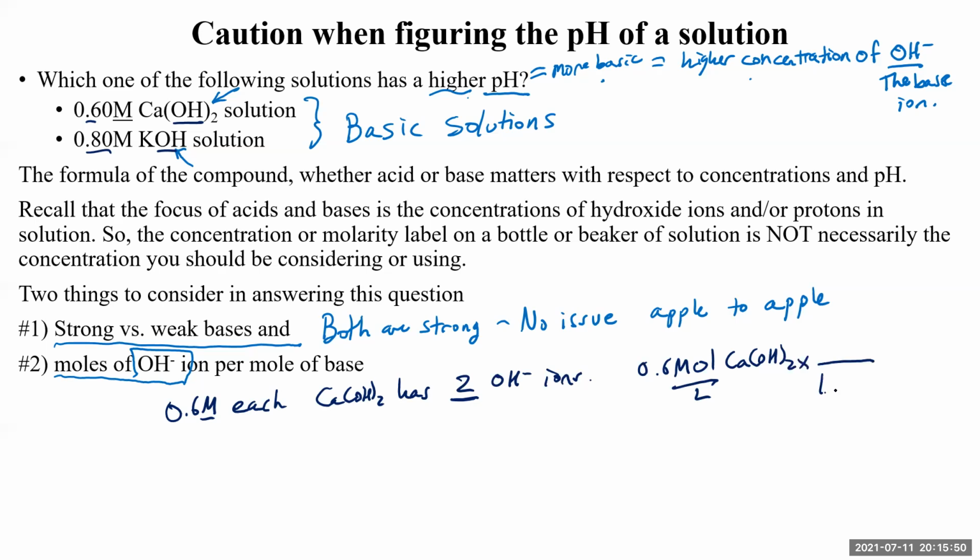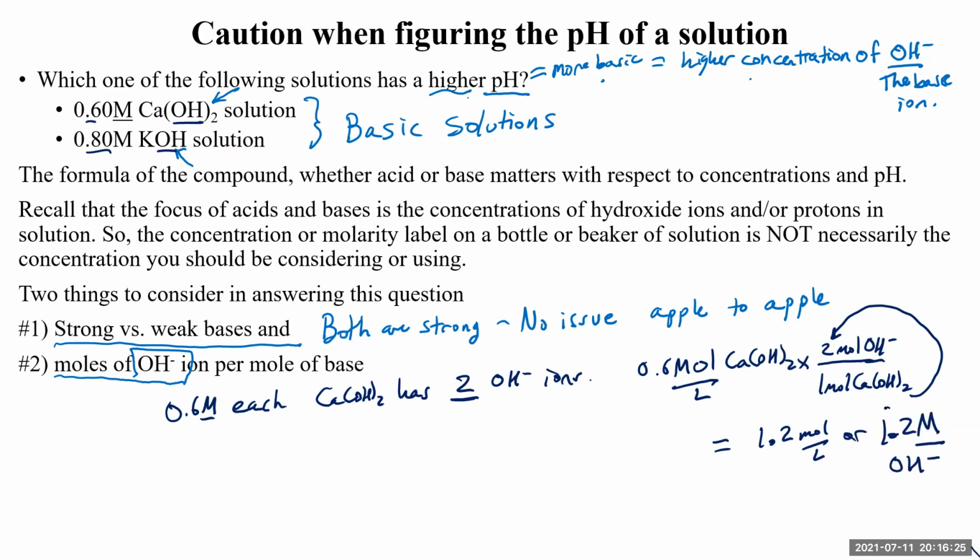For every 1 mole of calcium hydroxide, 2 moles of hydroxide. The formula is telling us that there are 2 hydroxides for every 1 calcium hydroxide. If we have 1 formula unit, then we have 2 hydroxides. If we have 1 mole of calcium hydroxide, we have 2 moles of hydroxide. So that gives us 2 times 0.6, or 1.2 moles per liter, or 1.2 molar hydroxide ion.